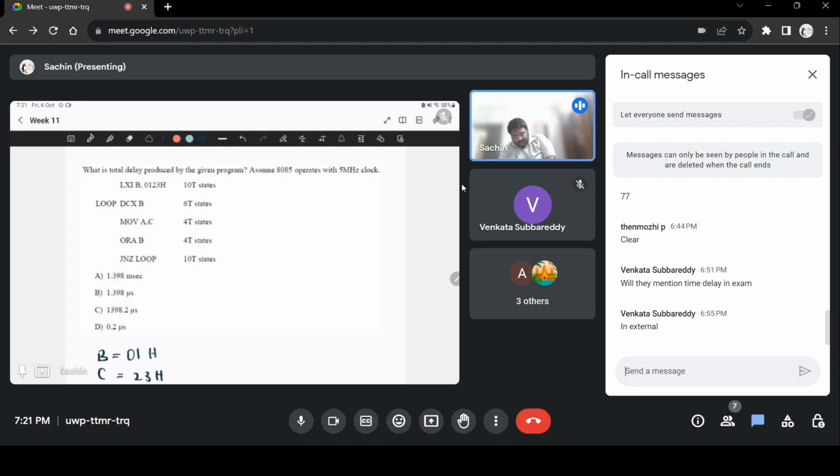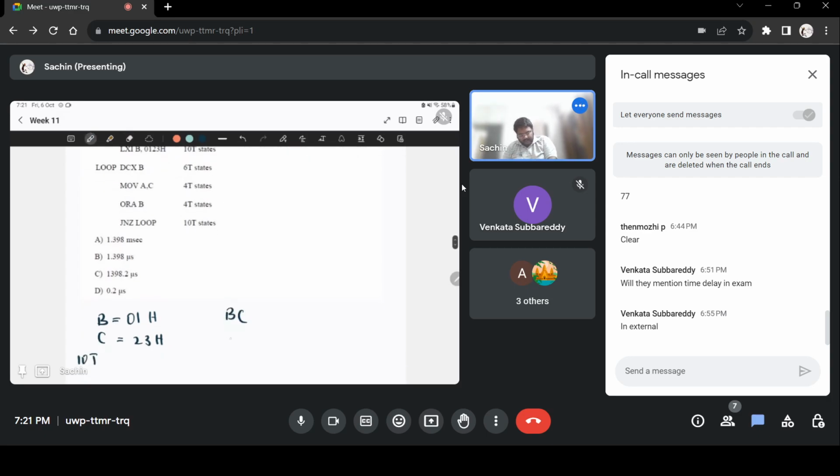That is, you're considering the register pair BC as one unit and you are decrementing the register pair instead of decrementing only the register B. So 0123 is actually 0000 0001 0010 0011. This is decremented by 1 when you do DCX B. So it will become 0000 0001 0010 0010.